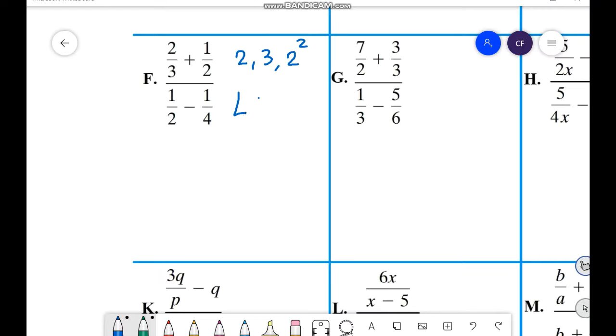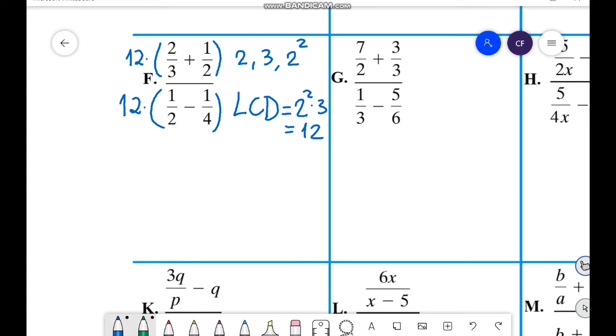The least common denominator is 2 squared times 3. The least common denominator equals 12, right? Now let's apply the least common denominator and multiply the numerator by 12 and the denominator by 12. Okay? So we just found the least common denominator, and now we are applying it on the complex fraction.